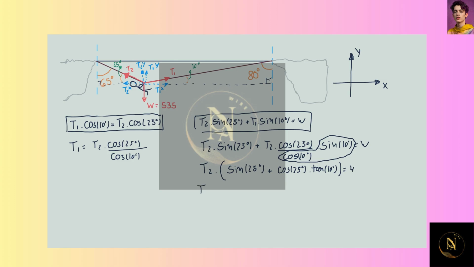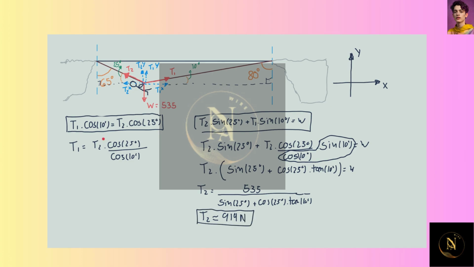Then T2 is equal to the weight force, which is 535 newtons, divided by the sine of 25 degrees plus the cosine of 25 degrees times the tangent of 10 degrees. And this results in a magnitude of approximately 919 newtons for the tension number 2.